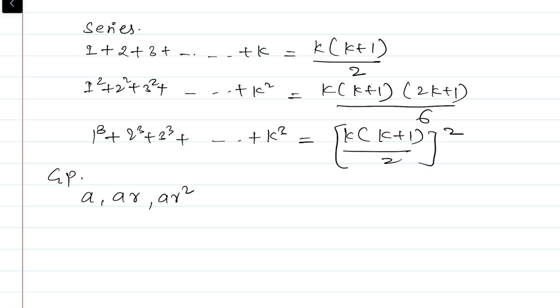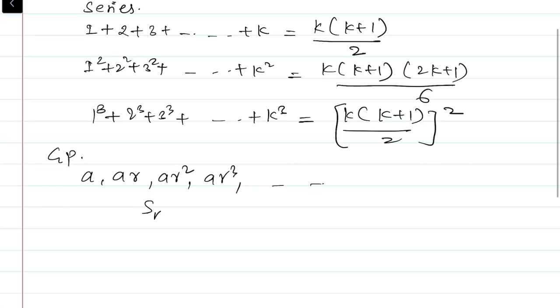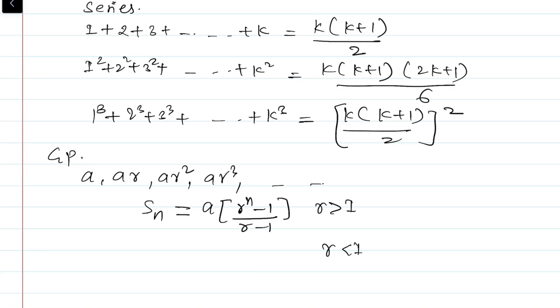And when the terms are in a GP series, for example A, AR, AR square, where R is the ratio, AR cube, the sum of n terms is A times R to the n minus 1, whole divided by R minus 1, when R is greater than 1. And when R is less than 1, the sum of n terms is A times 1 minus R to the n, divided by 1 minus R. So there is a slight change.